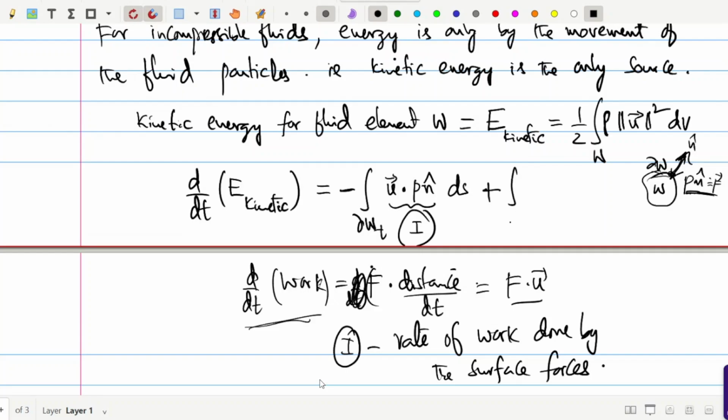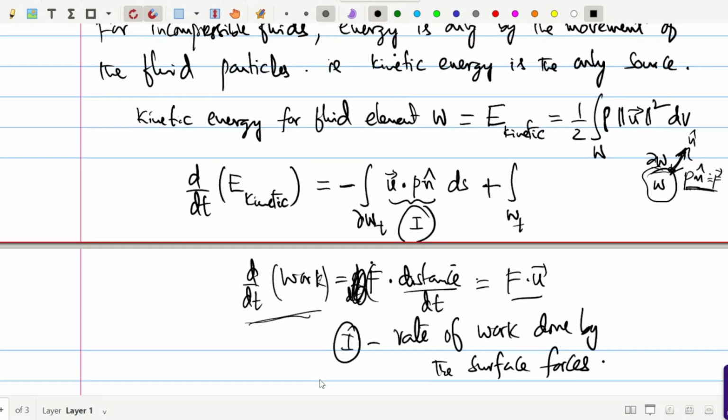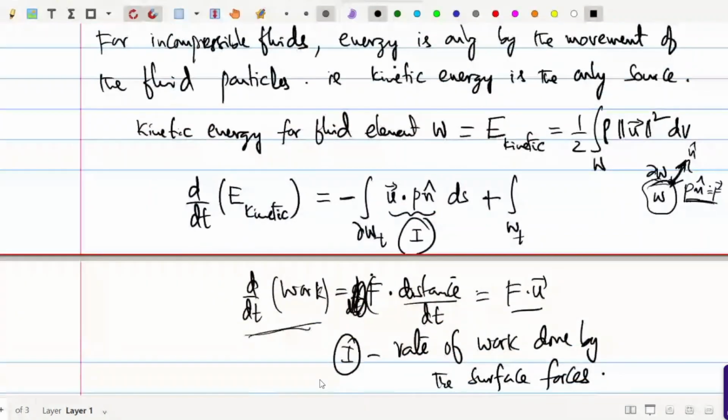So here also you'll have the volume integral, and here also rho is there. Rho b, without u, that is rho b. So here also you have u dot product with rho b dV.